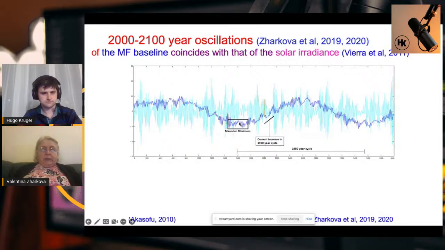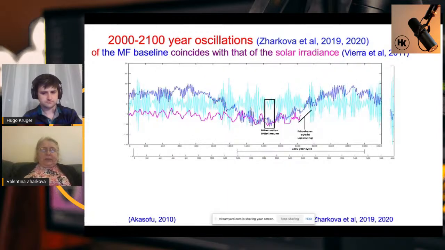The blue is the zero line for the current time. It turned out the minimum was the Maunder Minimum, and now this zero line is increasing towards the northern polarity. Here we are. We thought, oh my God, what is increasing? And then when you put the temperature variation, it coincides with the temperature variation. Not only does solar irradiance increase, but temperature also increases.